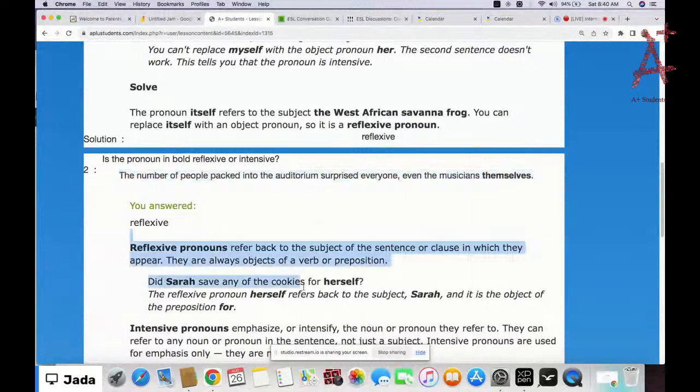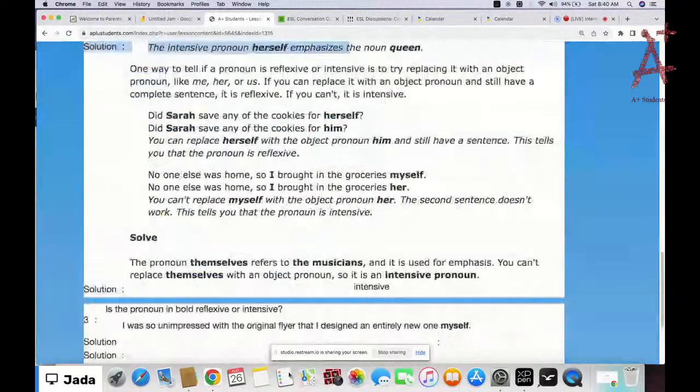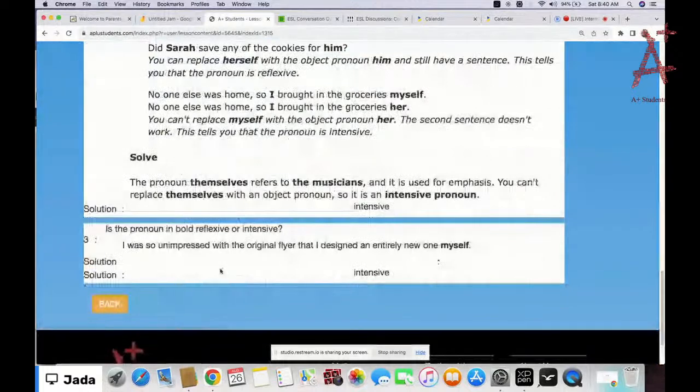Okay, so we have this one now. I was so unimpressed with the original flyer that I designed an entirely new one myself. So if you remove myself, are you gonna say I designed an entirely new one herself? No, because it's referring to I. Is it gonna be anything?